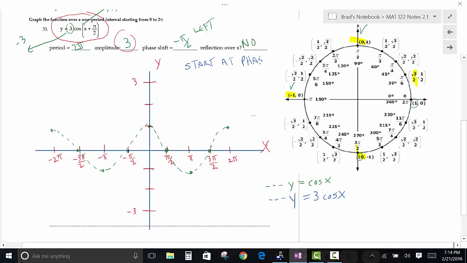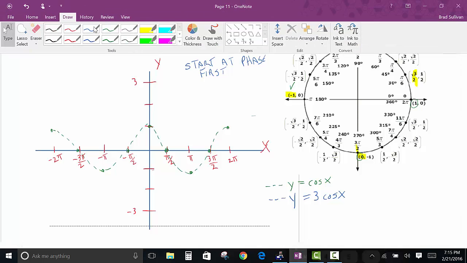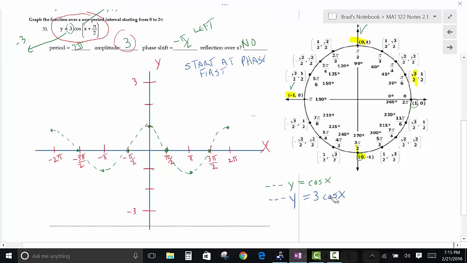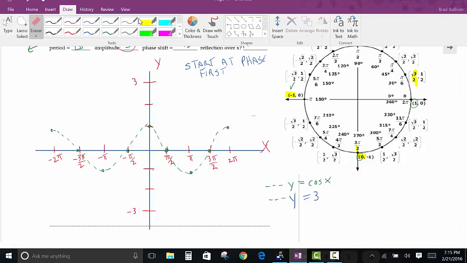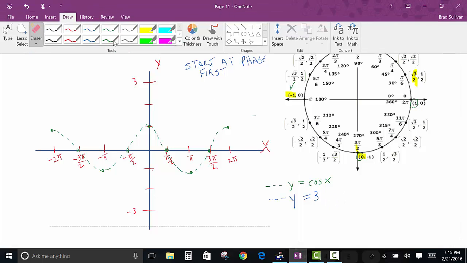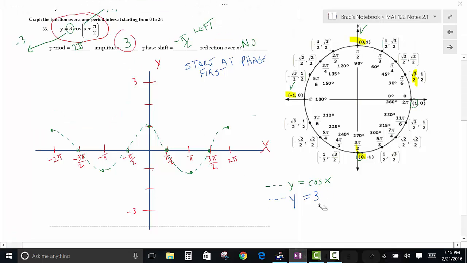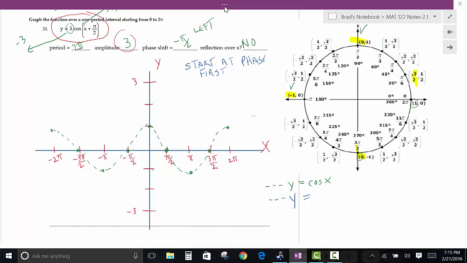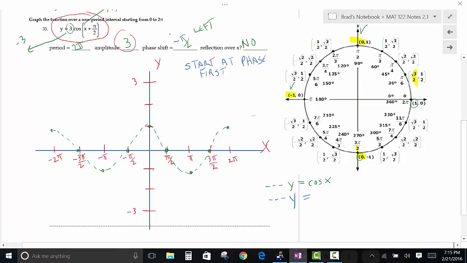You could actually do this problem in either order, but it's important to develop the habit of starting with the phase shift. So actually what I'm going to do instead is, let me erase this, let's do the phase shift, and let's not worry too much about the 3 until the very end. So let's get this straightened out here.